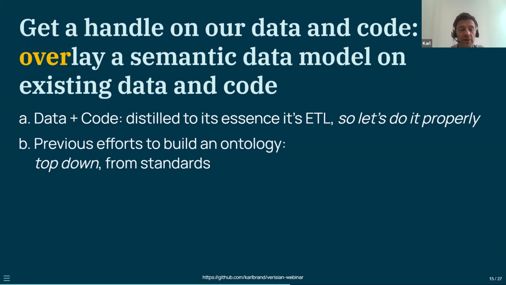Now, previous efforts, or efforts until today, to build the ontology that will be needed for a knowledge graph have been top down. So standards around the data models and the transformations that should be made, these are all written by people for people and handed down to programmers to then implement.